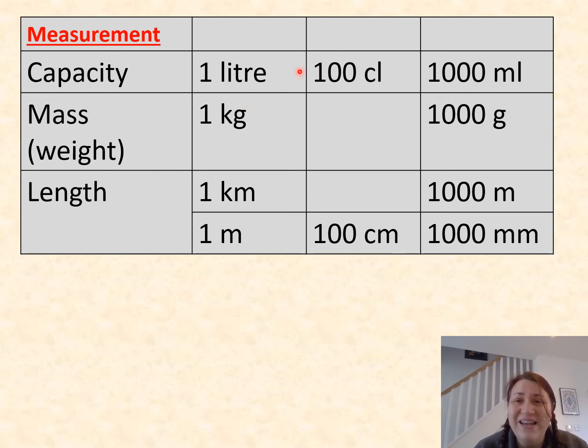So 1 litre is 1,000 millilitres. 1 kilogram is 1,000 grams. 1 kilometre is 1,000 metres. There's our kilo, milli, there's all our thousands. And then 1 metre is 100 centimetres, but it's also 1,000 millimetres as well.